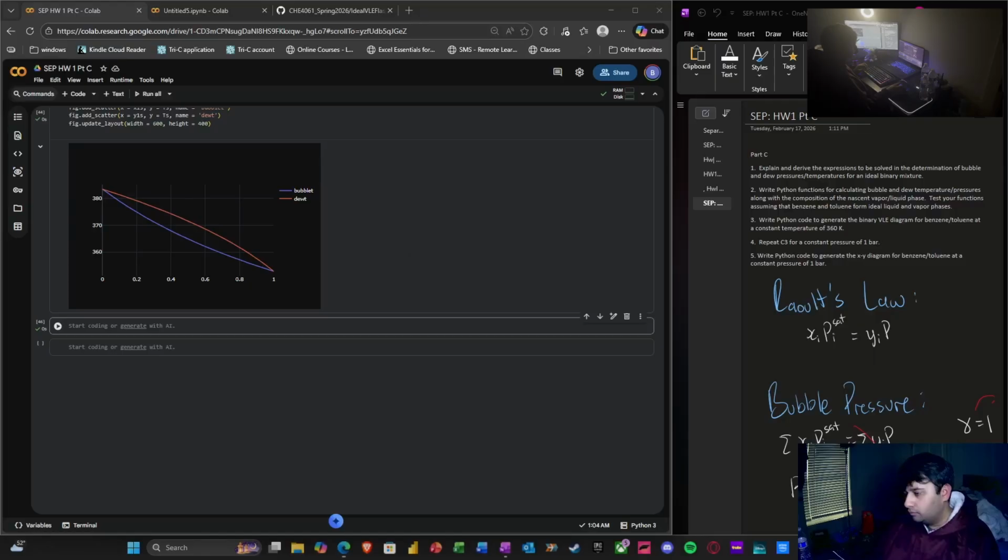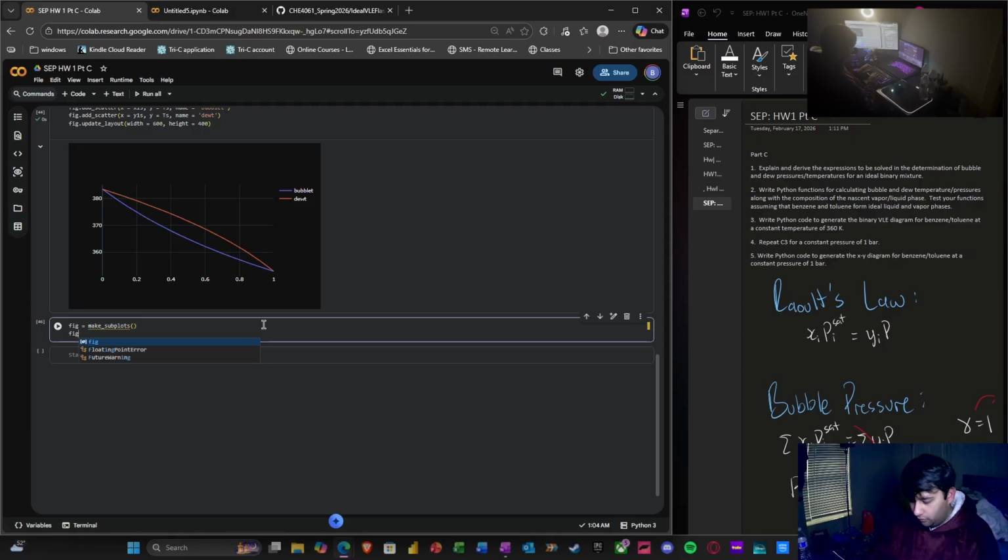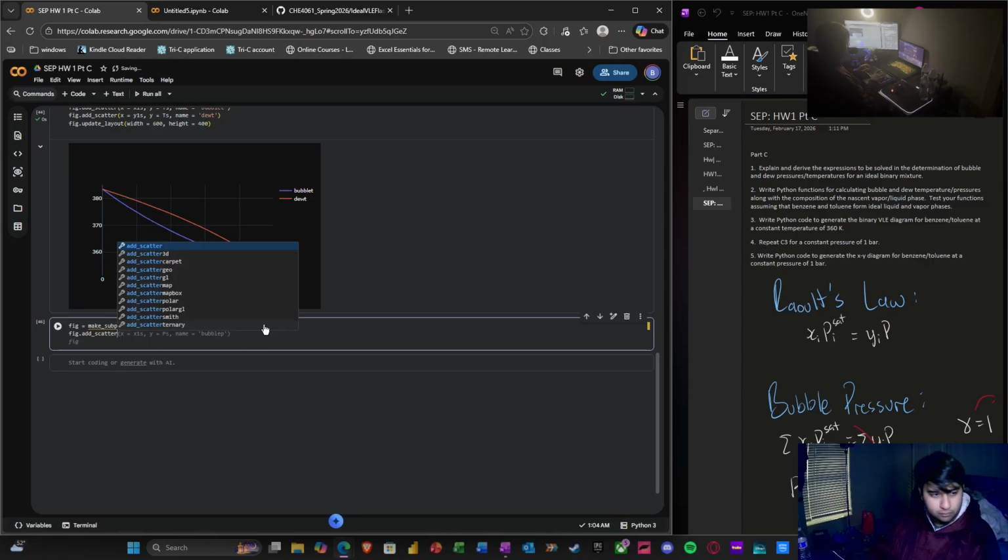Okay, so for our last one, we're just going to generate our XY diagram for benzene and toluene at a constant pressure of 1 bar. So let's just go ahead and write this out. So fig equals make_subplots, and then add_scatter, kind of.